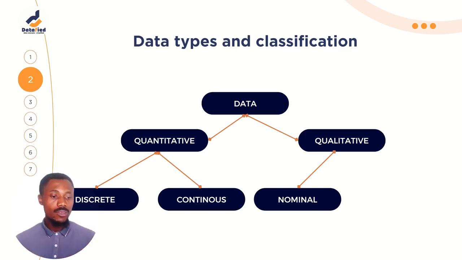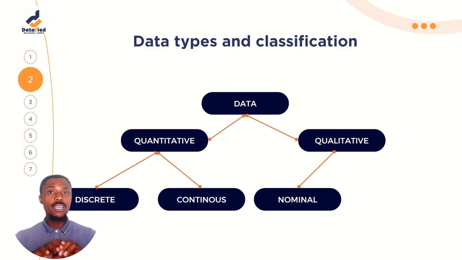When you look at nominal data, again, you can look at education qualification. No, that can be ordinal because you can place order on education qualification. Let me see if I can quickly cite another example of nominal data. Let's say country. Country can be an example of nominal data.